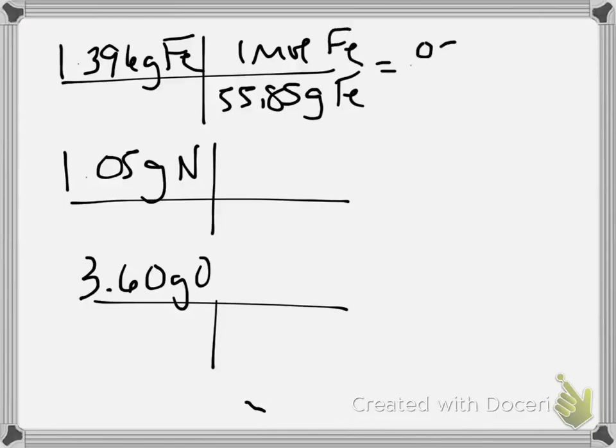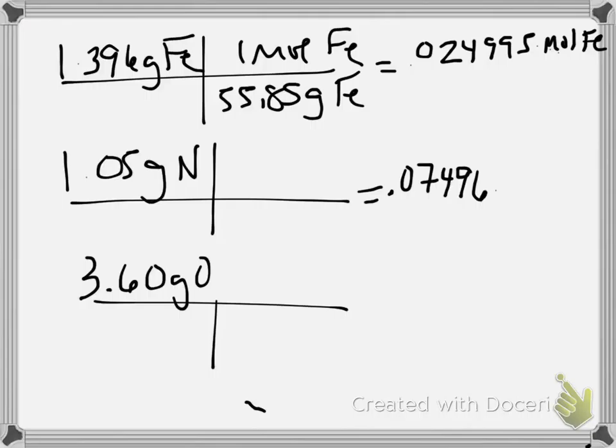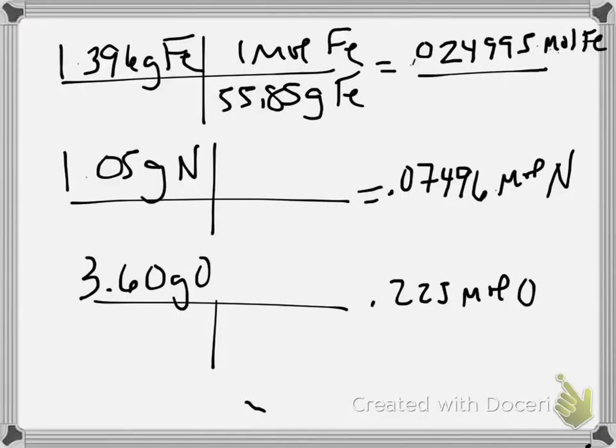We get 0.024995, etc. moles of iron. Here I'll shortcut it. We get 0.07496 blah blah blah blah moles of nitrogen, and we should get 0.225 moles of oxygen. So we're going to divide each of these by the smallest of them.